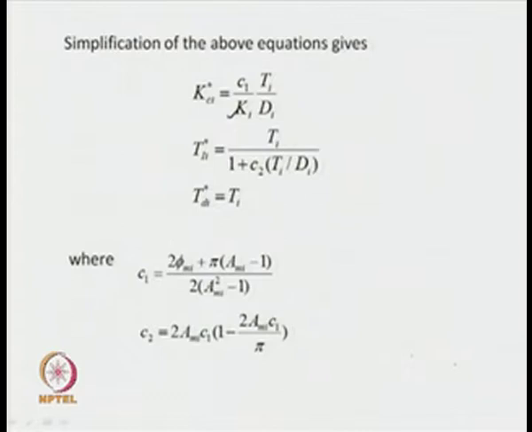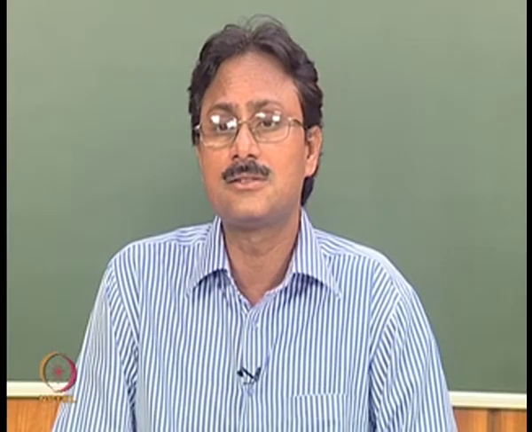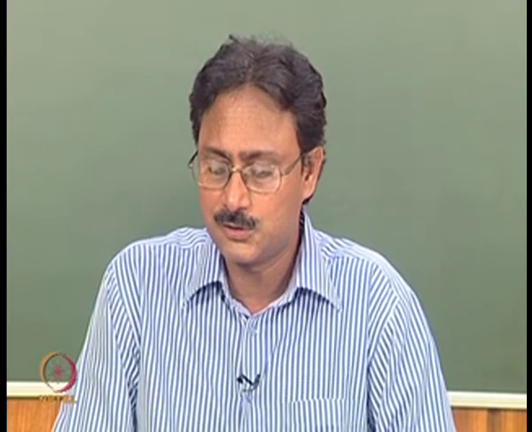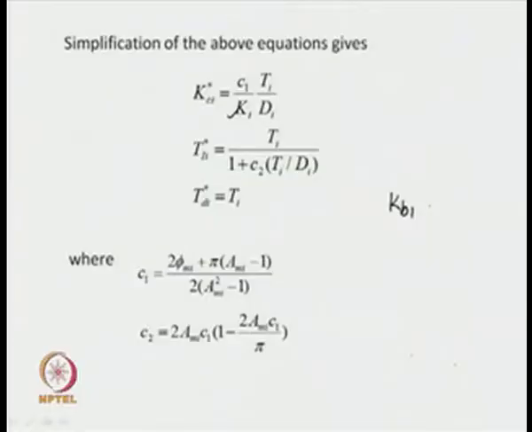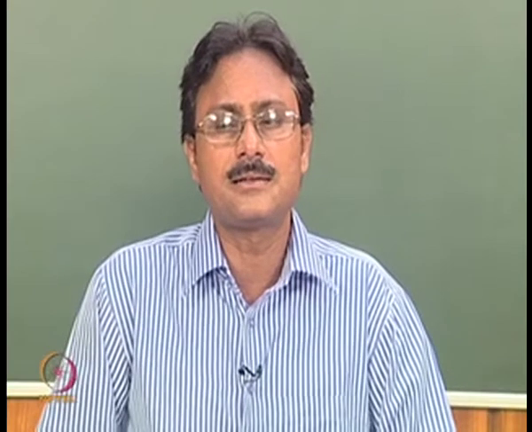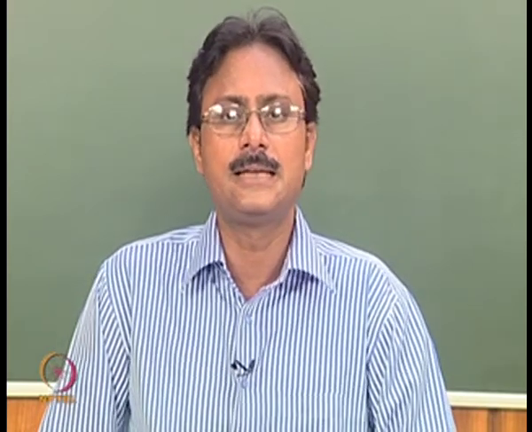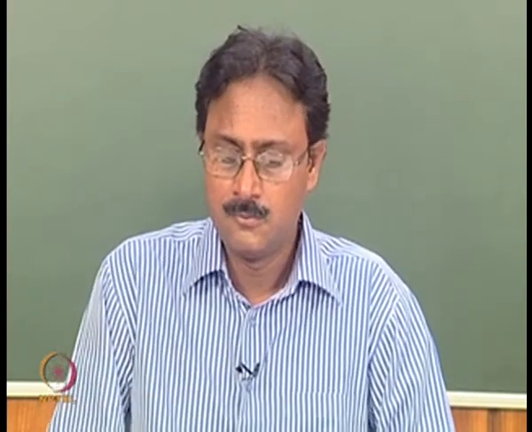Now, we have seen that our TITO systems are subjected to a proportional controller KB1 for the first loop and another proportional controller KB2 for the second loop. So, these are the 2 proportional controllers employed in controlling the TITO system.